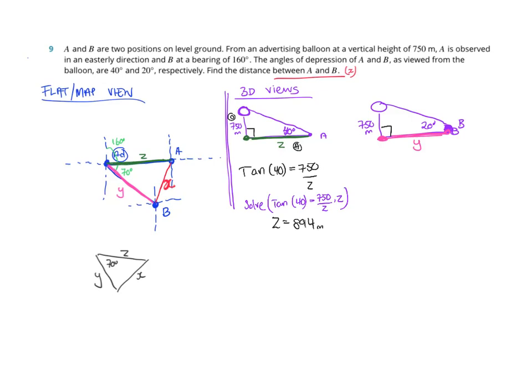So you now know over here this is 894, and then I can just do the same thing again but with this. So tan 20 equals 750 but over Y, and I'll use the solve again and I'll find out what Y is equal to. So Y ends up being 2061 meters.